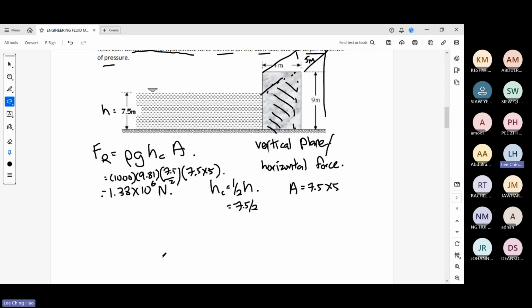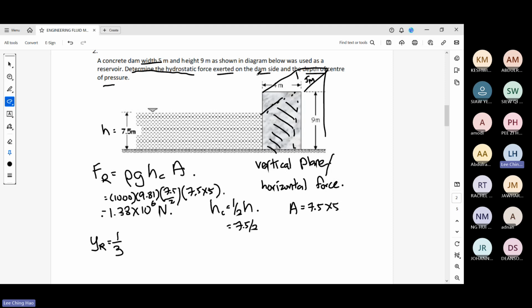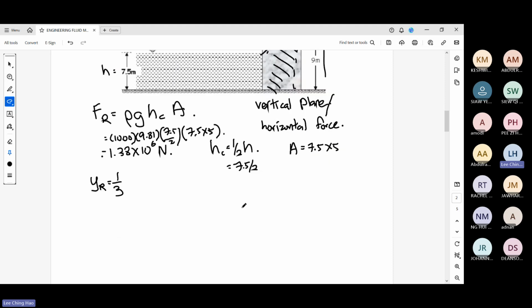For the location, it is called YR. Because it's a vertical plane, it is very easy: 1/3. Or they say what? The depth, because they want depth. Let me draw that. This is from the front view.